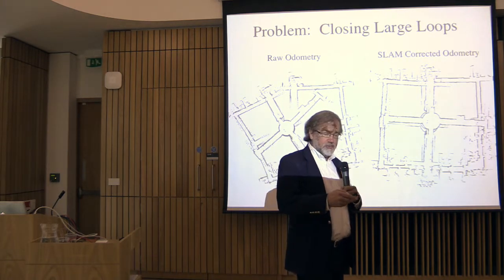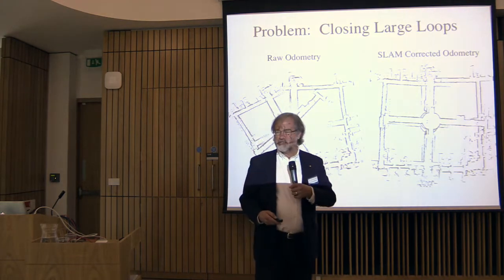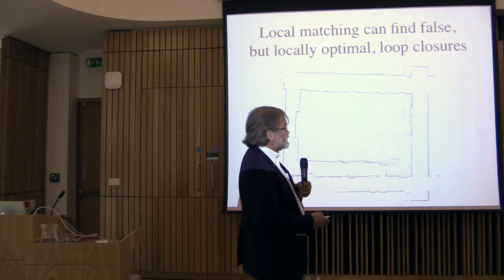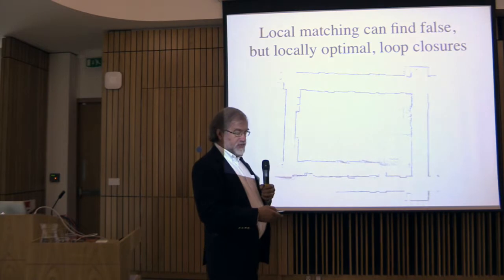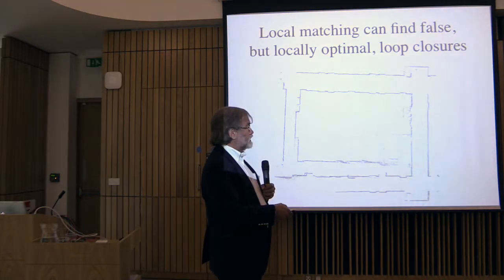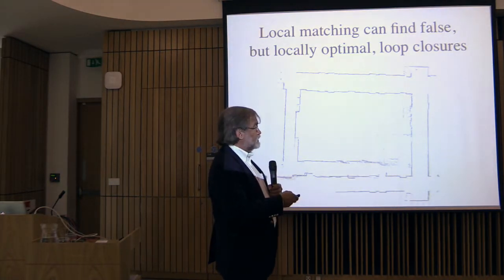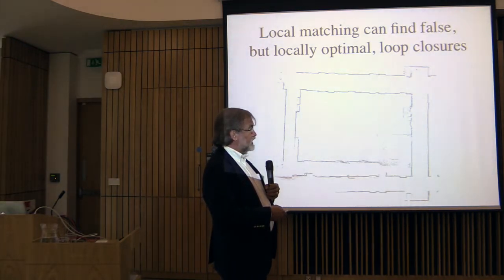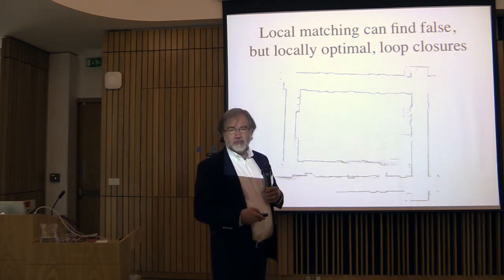So I'm skeptical about strong priors. So as you can see, in extreme cases, the errors can accumulate enough to produce a locally optimal but seriously false loop closure.